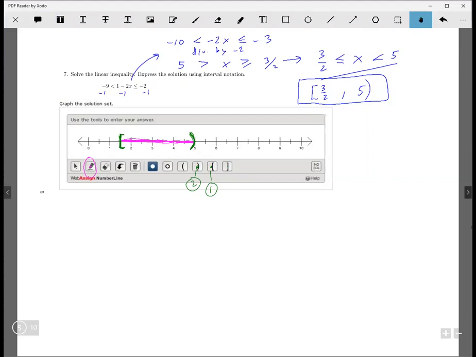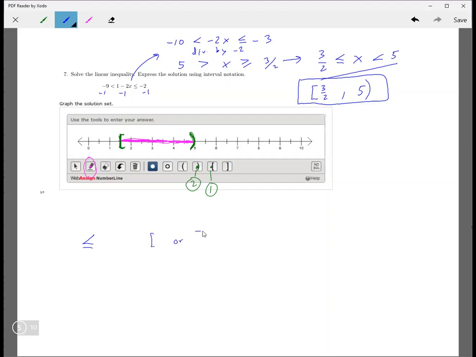Can I just confirm something real quick? So you said that the greater than or equal to and less than or equal to are the brackets, right? Yeah, if it's greater than or equal to, or if you have less than or equal to, then that's going to be that bracket or that bracket, wherever it's appropriate, depending on where your x is.